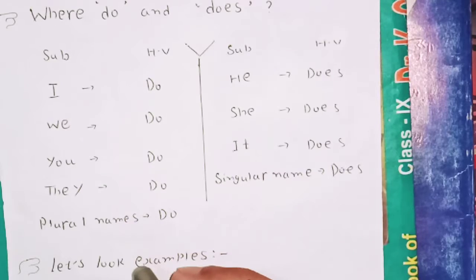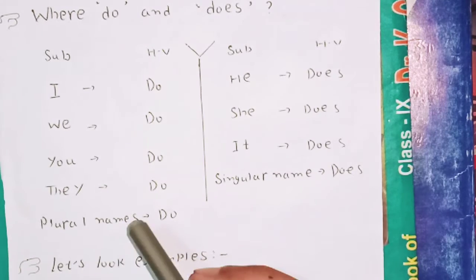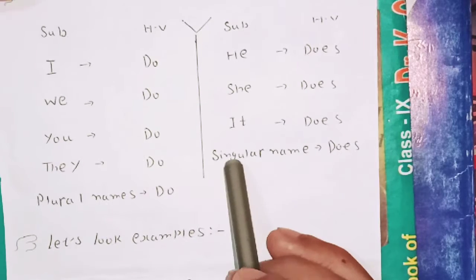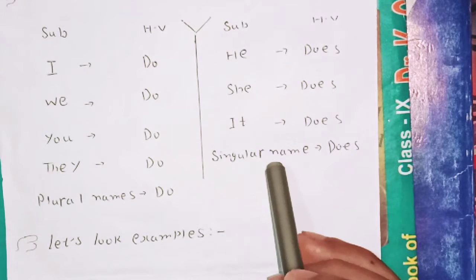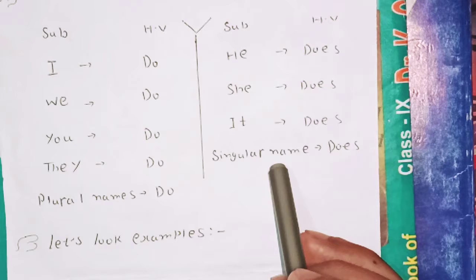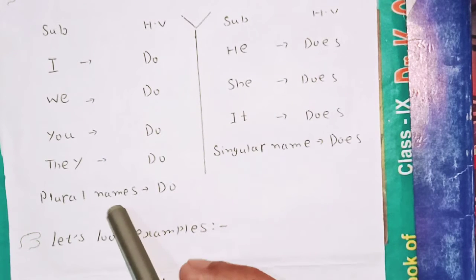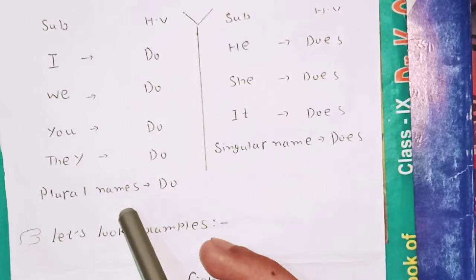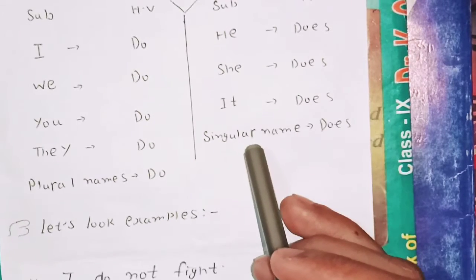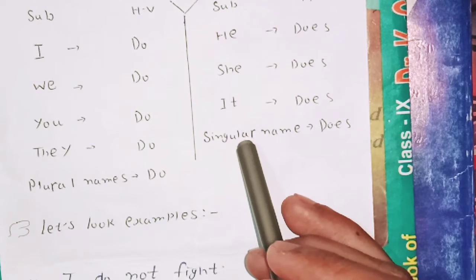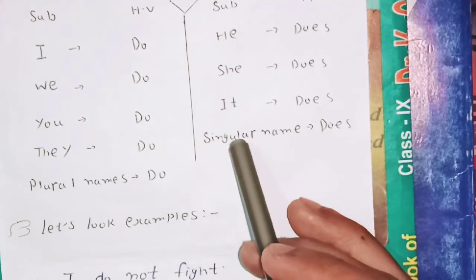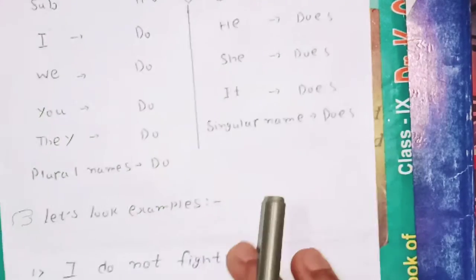I hope you understand what a plural name and a singular name are. Singular names are like Ram, Rani, Raju, and plural names are like Ram and Raju, Sita and Geeta, Rohan and Rani. These all come in the plural category, and those that come in singular are called singular subjects.